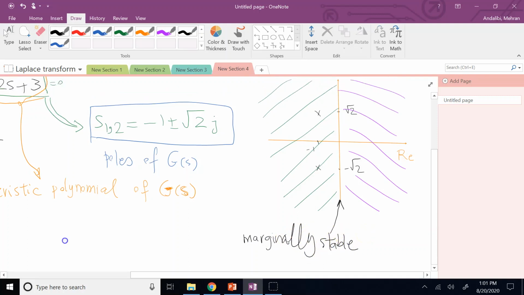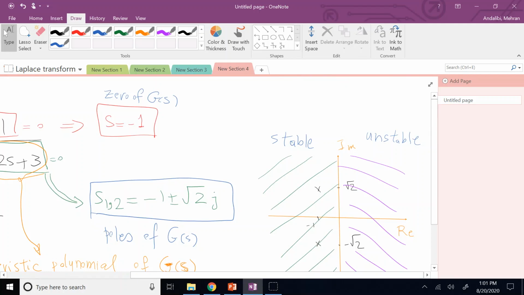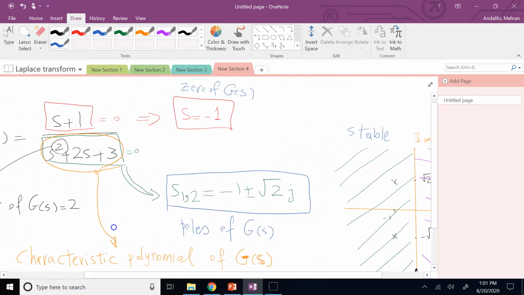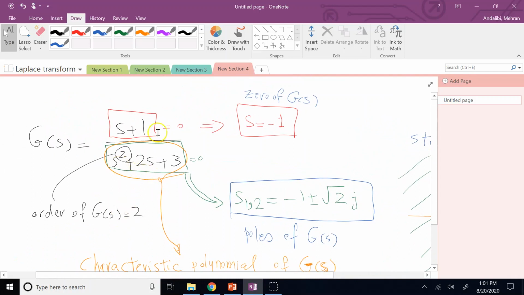Now, what does that mean really? When we say stable, unstable, what does it mean? It means that to this system, if we provide an input, let's say just a constant input, 1, we make sure the input of the system is just 1 unit, how does the output behave? Okay, right?